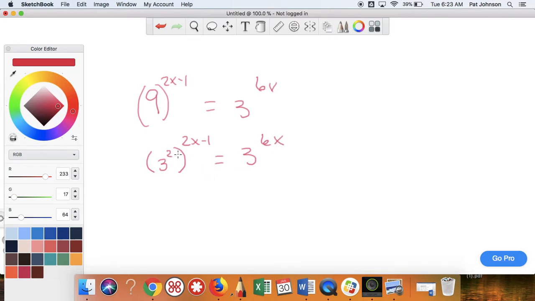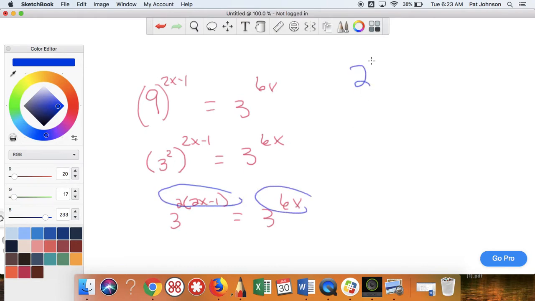Now, I have a power of a power rule. So I have 3 to the 2 times 2x minus 1, because I have a binomial, just like anything else, this 2 has to be distributed. So now that my bases are the same, I can set the exponents equal to each other according to our property. So 2 times 2x minus 1 equals 6x.